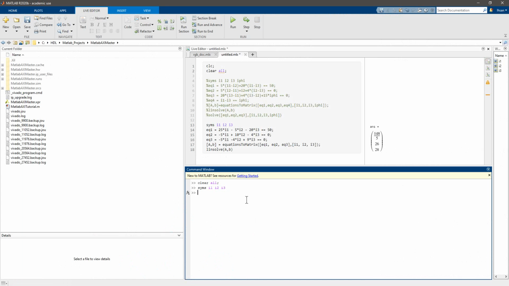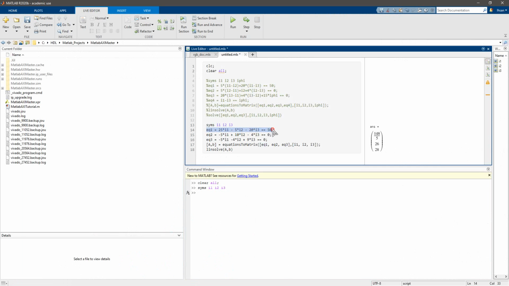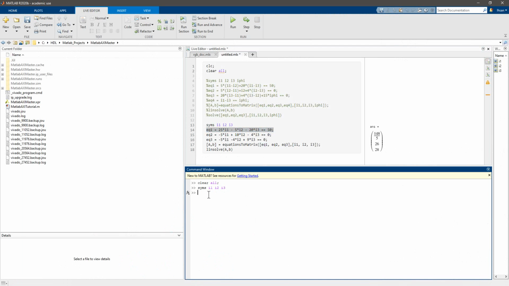Then I just write down my equations. There was a script that I developed before the class, so in order to save some time, I'm going to copy and paste those. So equation 1 equals 25 times I1 minus 5 times I2 minus 20 times I3, and this is equal to 50. For this equal, we use double equal signs, and this is how we define each equation.